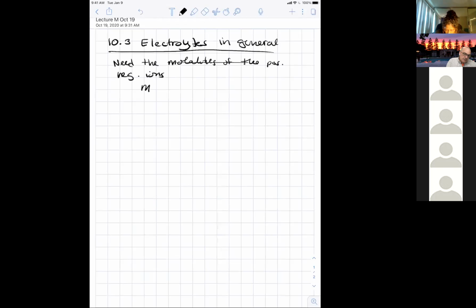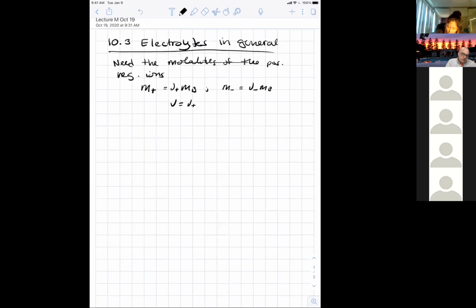Well, you can say the molality of the positive ions is the stoichiometry of the positive ions times the molality of the electrolyte itself, and likewise for the negative ions, right? So if you think about magnesium chloride, the molality of the chloride ions is twice the molality of the compound, but the molality of the magnesium ions is the molality of the compound, and that just comes about by that coefficient that we defined.